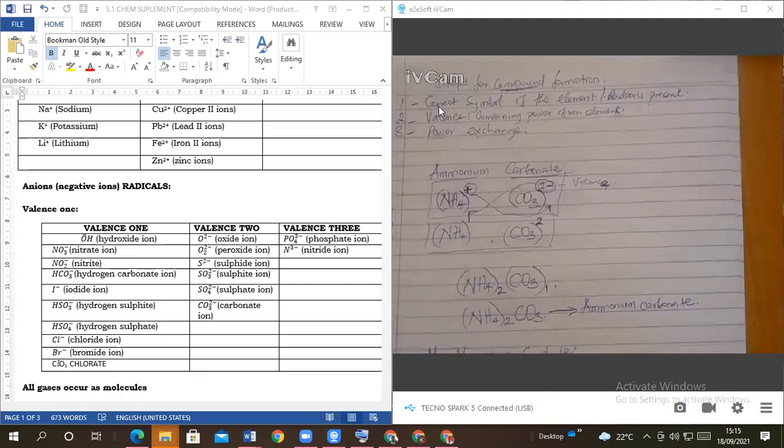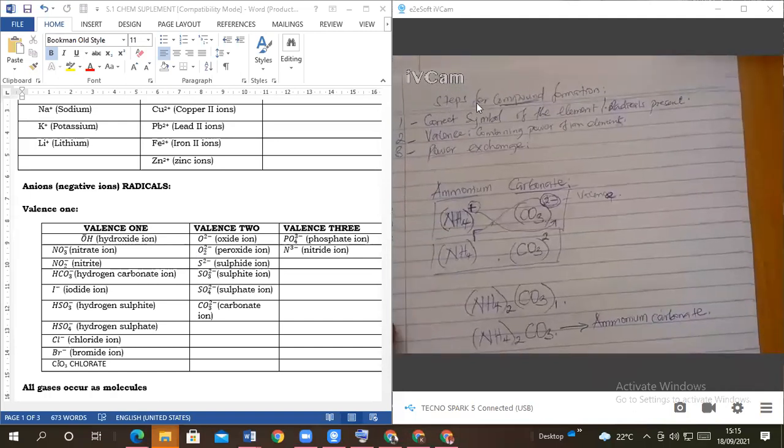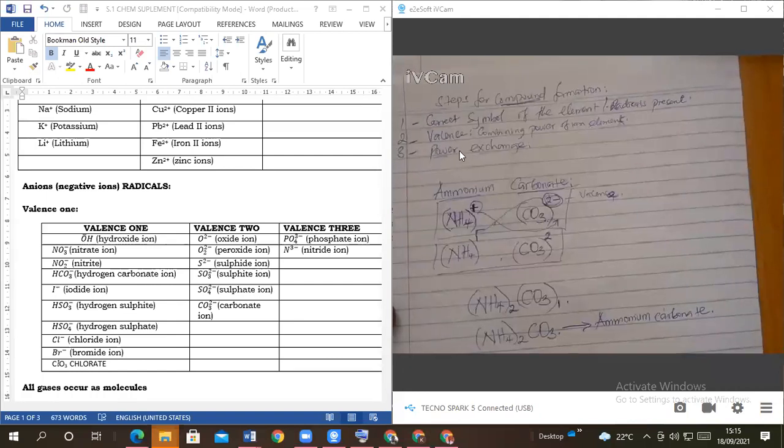The steps for compound formation are here. Write the correct symbol of the element or radical present, get the valency, and then what follows is a power exchange. If the powers cannot be reduced, because they don't have any common factor, just write the power exchange. If they have a common factor, reduce and then exchange the remaining powers.